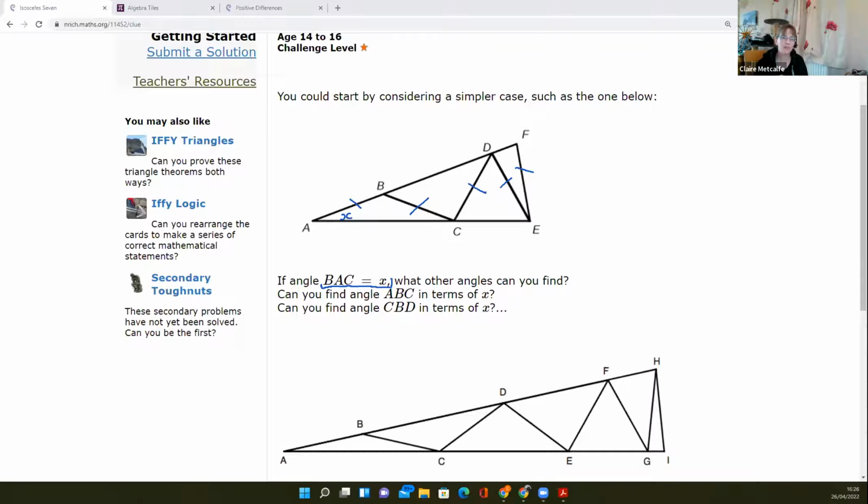Okay, we've got some suggestions of some that we can work out. So we've had a suggestion that we can say that BCA is also x, because these are isosceles triangles.